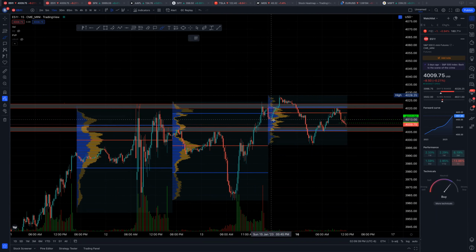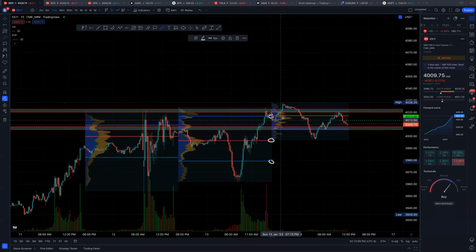I care about where this opened. This opened very high, and very far from the point of control. So we opened far from the point of control. And when this happens, we can use either the point of control or the value area low as support.